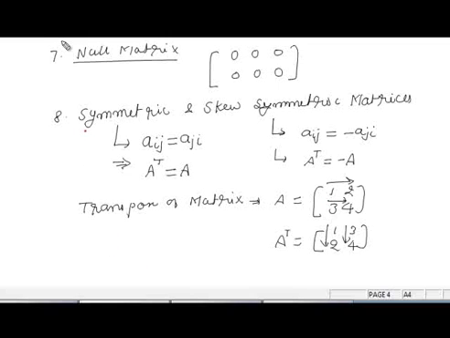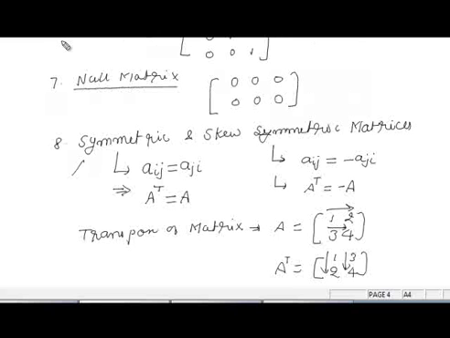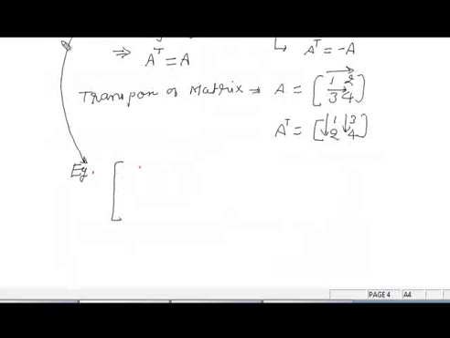So for the symmetric matrix, I am going back to the symmetric matrix example. Here if I take any numbers 1, 3, 4, then in order to make it symmetric this element should be 3.